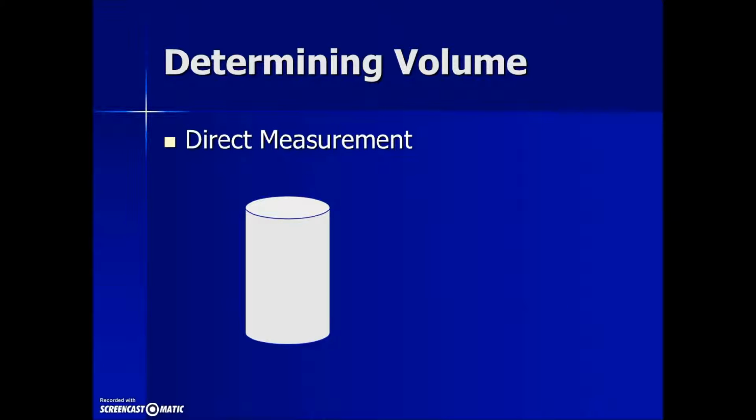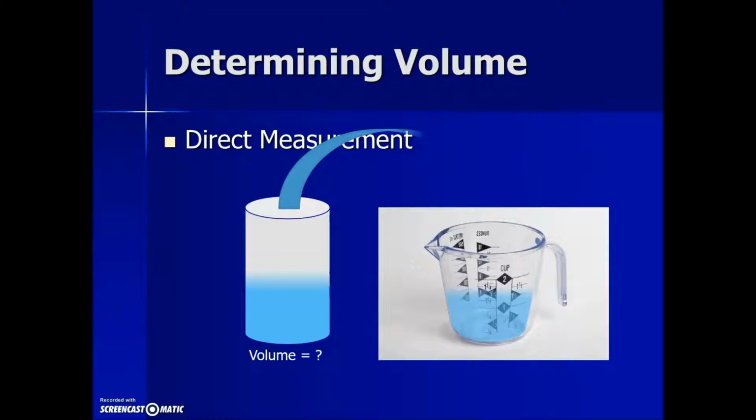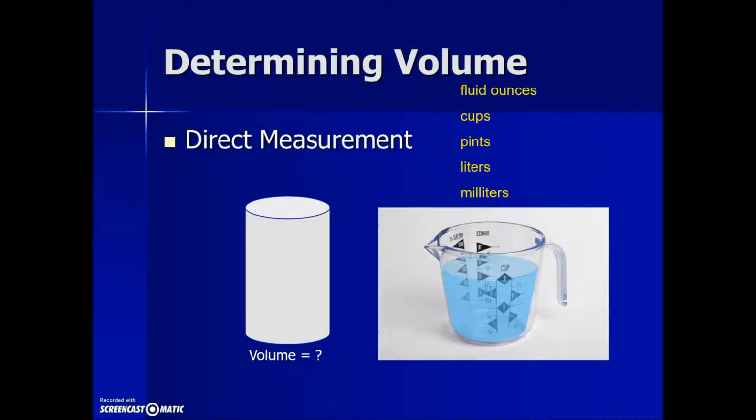We can determine the volume of a figure two ways. One is a direct measurement. This is the method where you fill up an object with fluid, then pour the fluid into a graduated cylinder or beaker. The reading you obtain from the graduated cylinder or beaker represents the volume of the object.